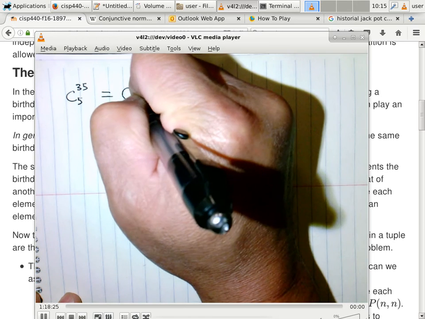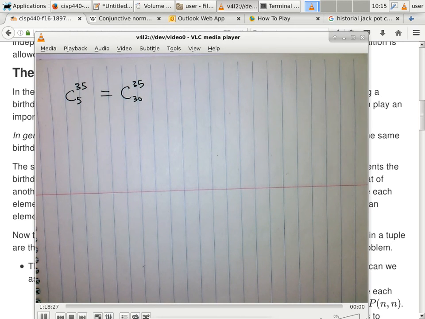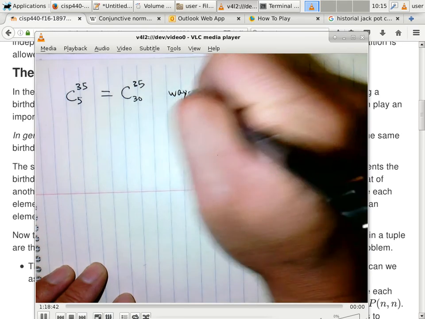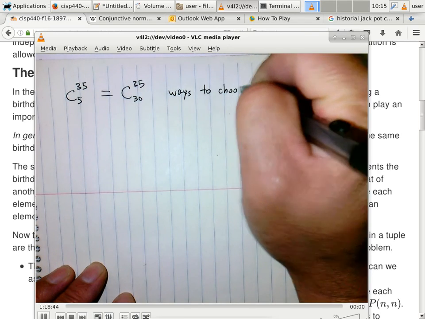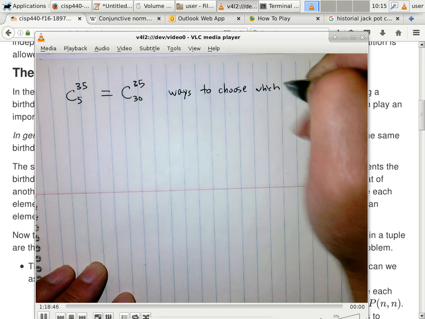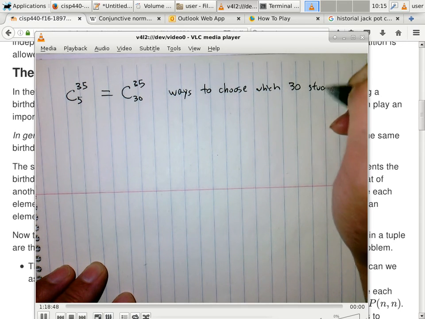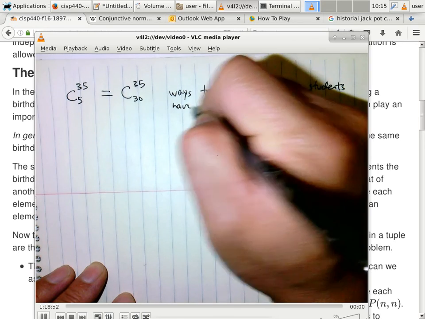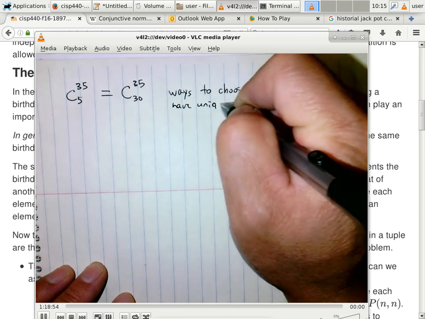But we want to give this number a name, because this is the number of ways of choosing which 30 students out of 35 have unique birthdays.